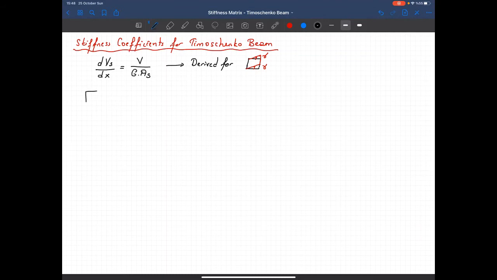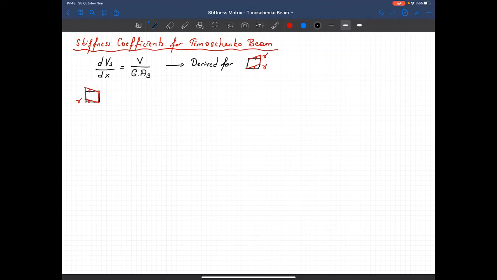So this is the square, and if I have a clockwise rotation like that, then I have to multiply the shear deformation with the minus sign.